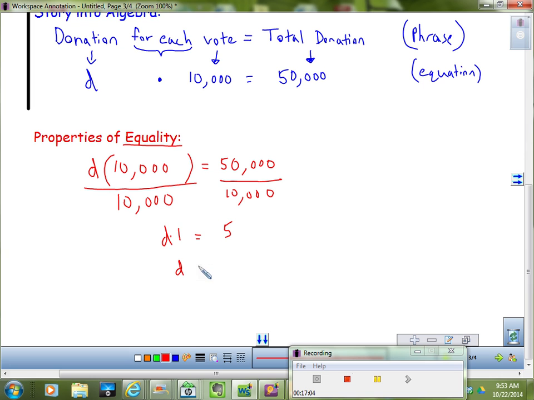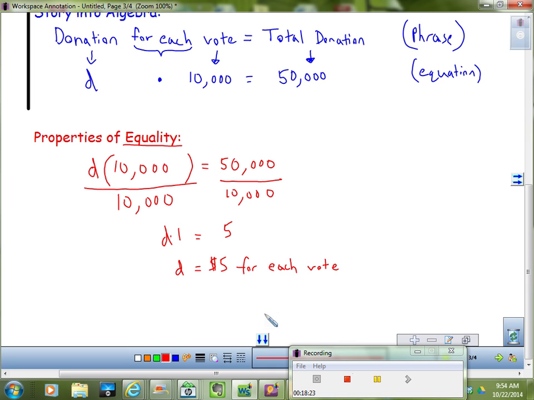Alright, so the donation is equal to 5 what? Is it 5 votes or $5? $5. It's $5 for each vote.